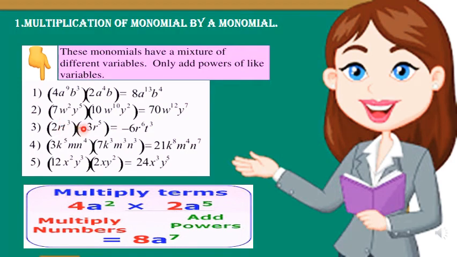So r power 1 into r power 5 is r power 6. Then we have one more variable here, that is t cube, and we don't have anything related to t here. So we are going to write it as it is here. So the product of 2r t cube and minus 3r power 5 is minus 6r power 6 t cube.